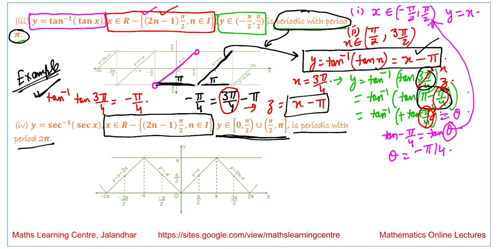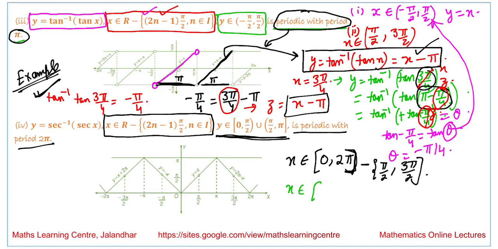Similarly, when we are talking about y is equal to secant inverse of secant x, we know that when x belongs to the interval 0 to 2 pi, we are talking about closed interval 0 to 2 pi, except for the points pi by 2 and 3 pi by 2, or we are talking about x belongs to the interval 0 to pi except for the point pi by 2.